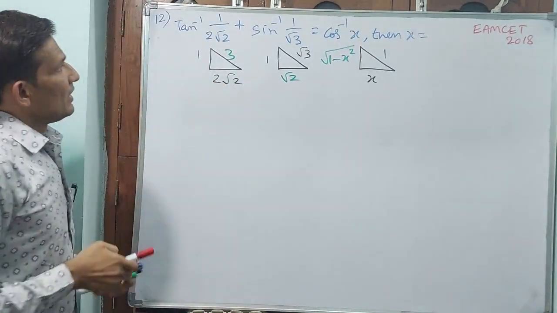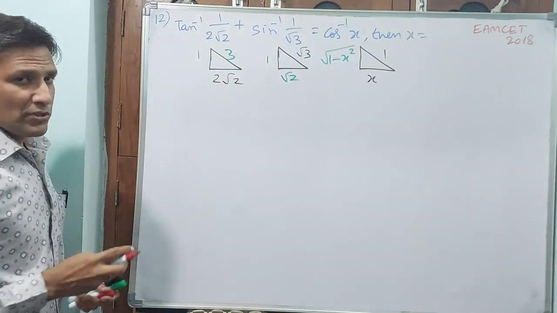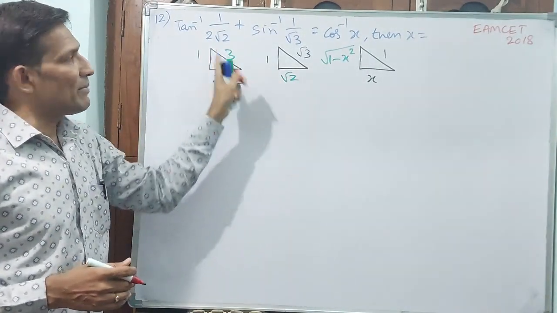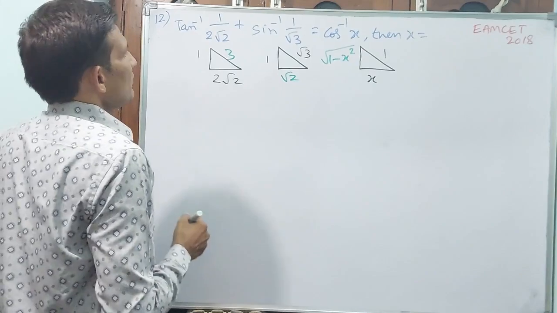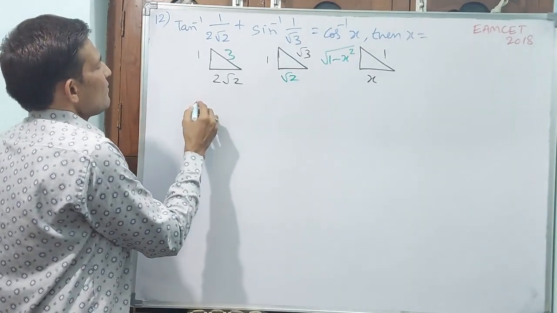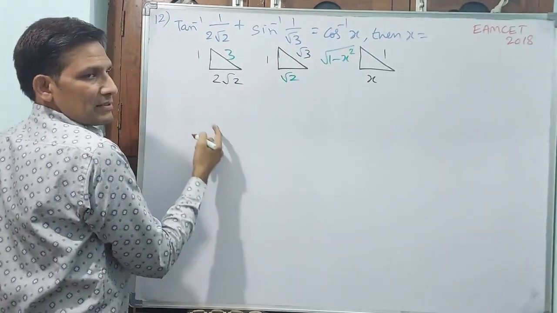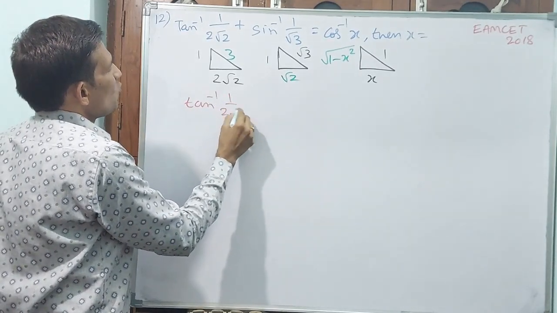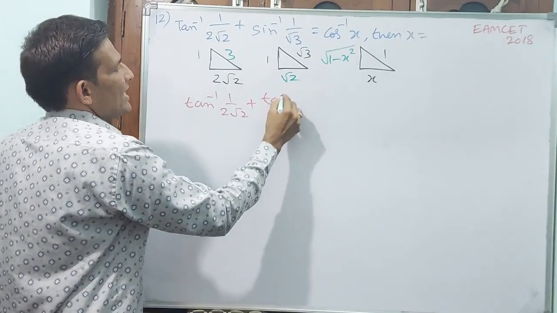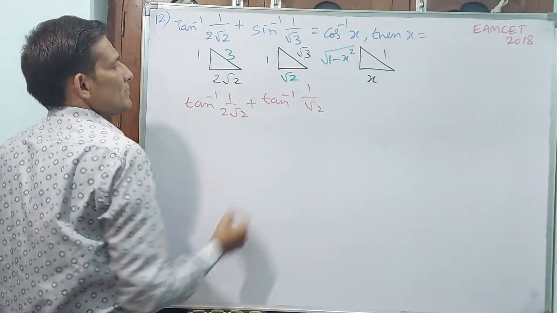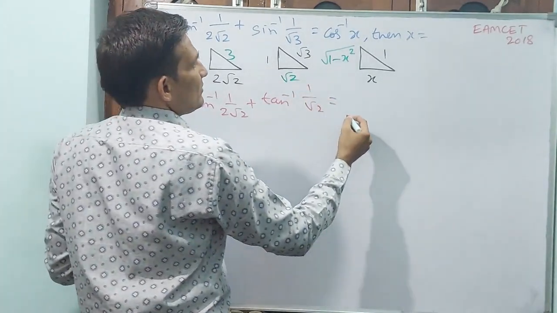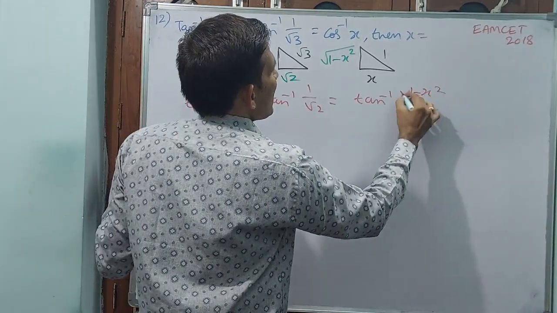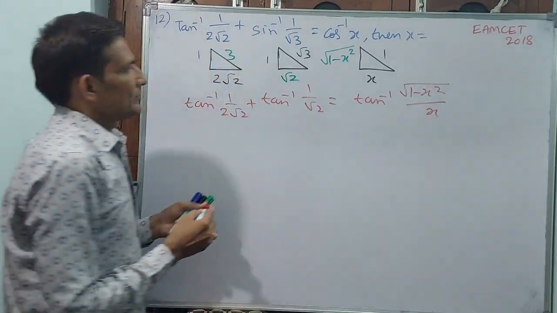Okay? Now, simple logic. Why? Because see, both you take in tan inverse form only. Why? Because the tan inverse formula we know. Let us take tan inverse of, this also you can take in tan inverse. Tan inverse of 1 by 2 root 2 plus tan inverse of 1 by root 2 is equal to tan inverse of 1 minus x square under root by x.